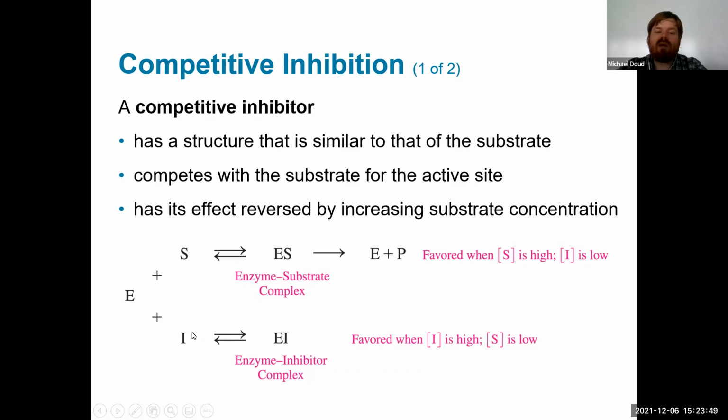So the enzyme can react with the inhibitor to form the enzyme inhibitor complex, but then it can also go back to form an enzyme, which can then react with the substrate and form the enzyme substrate complex. So basically, when you have a high concentration of substrate, the enzyme substrate complex is still likely to form and form the products. However, if you have a high concentration of inhibitor instead, you're likely to form the enzyme inhibitor complex and not form any product.